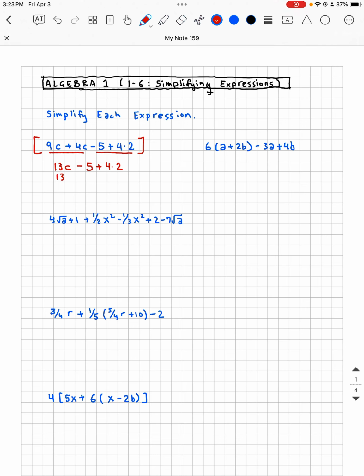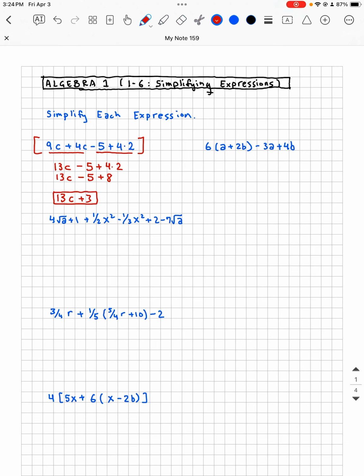So now I have 13c, minus 5, plus 8. Combining minus 5 and 8 gives a total of 3. So my final answer is 13c plus 3, and that's our simplified expression.